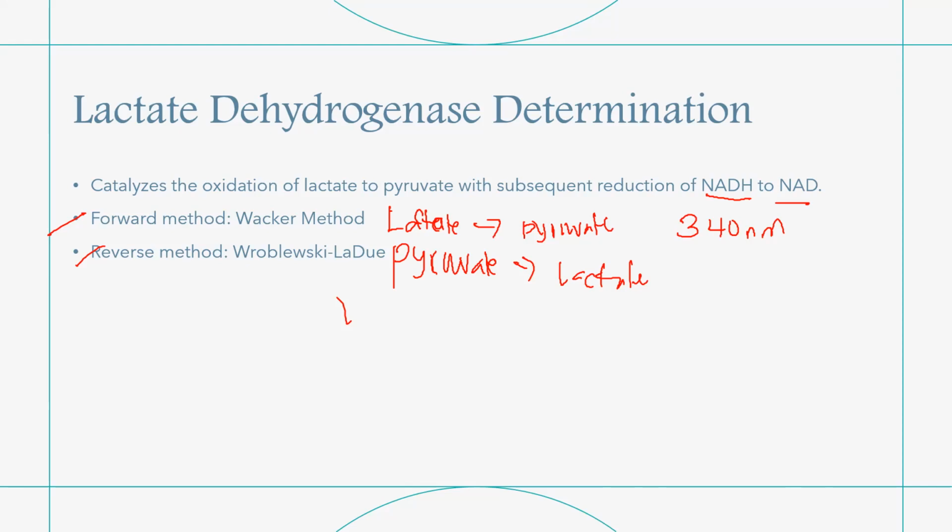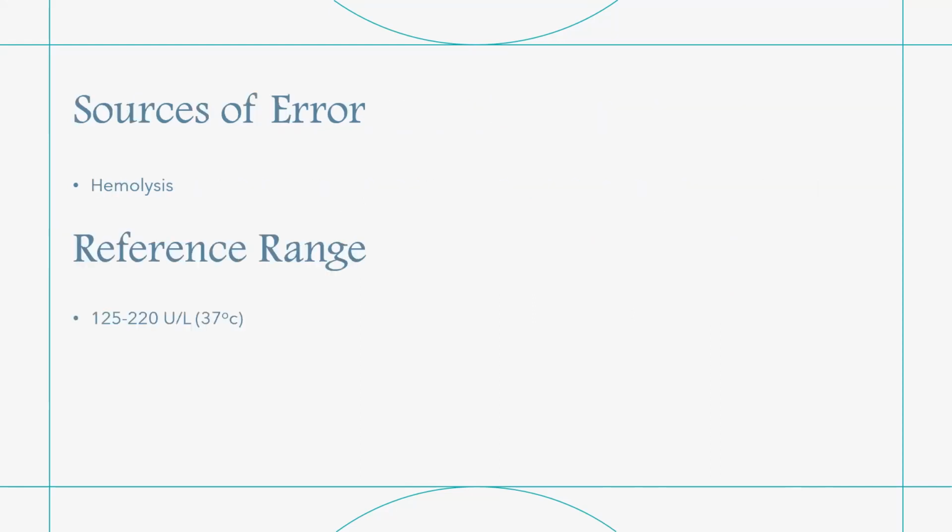Take note, Wroblewski-LaDue is also an example of a kinetic assay and is also read at 340 nanometers. So that is the difference between the lactate dehydrogenase reverse and forward methods.